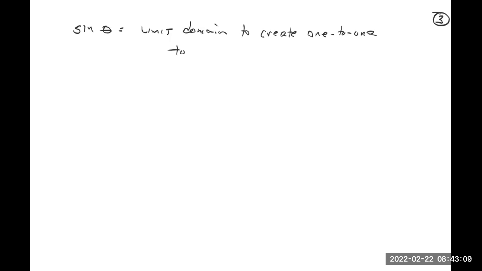To negative pi over 2 to pi over 2. And we can go right up and touch, and that's inclusive. And the range, of course, hasn't changed. That's negative 1 to 1. Those are all the possible answers to the simple basic parent form of sine.